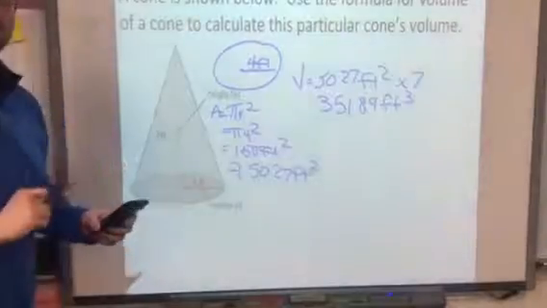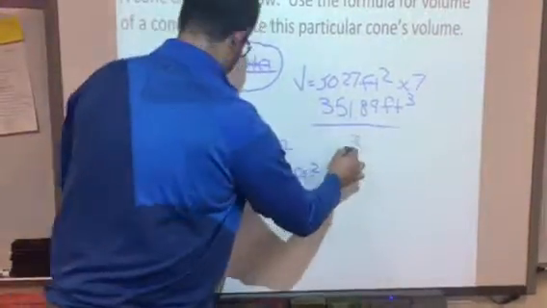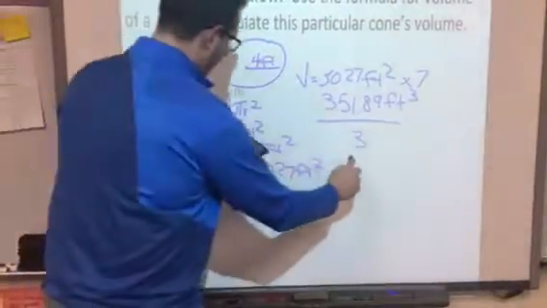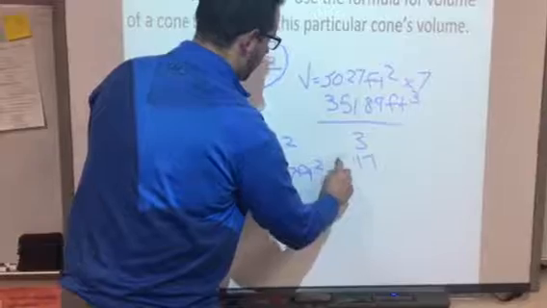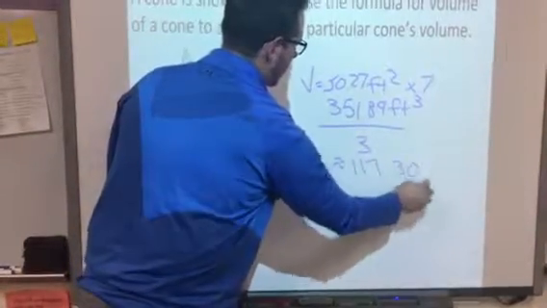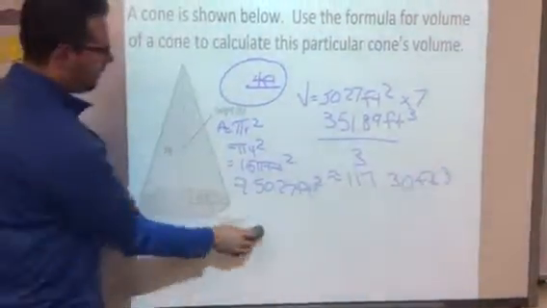Now again, we have to divide it by 3 because a cone is only a third of a cylinder. So when we divide that by 3, run through your calculator, and you get approximately 117.30 feet cubed. Now try the example in your notes.